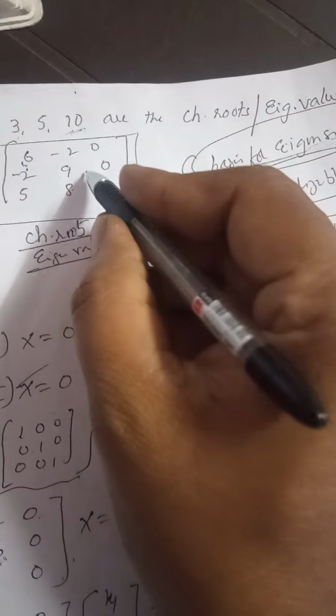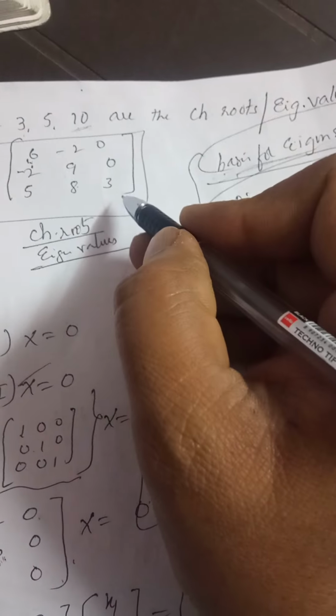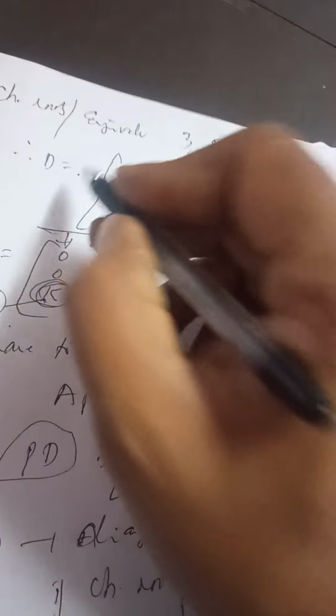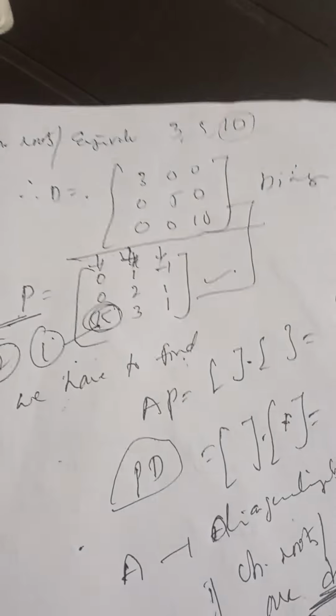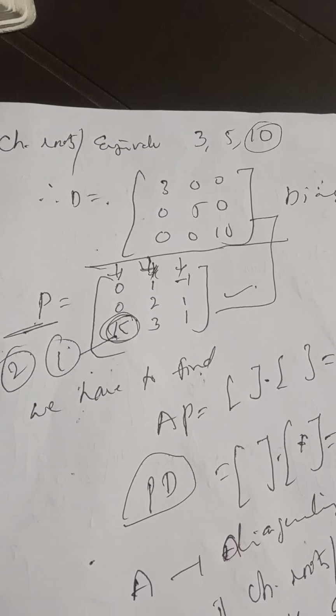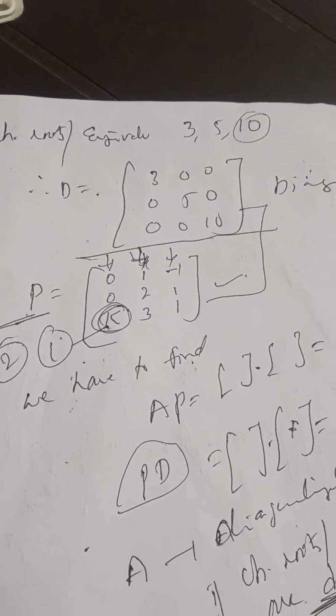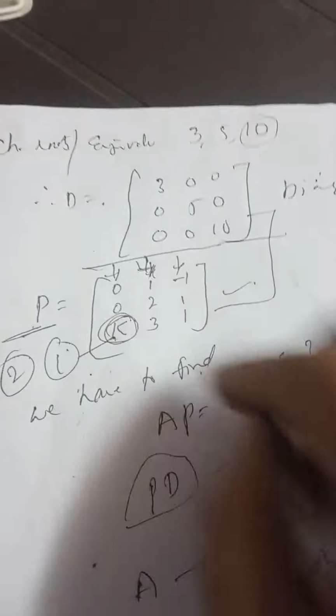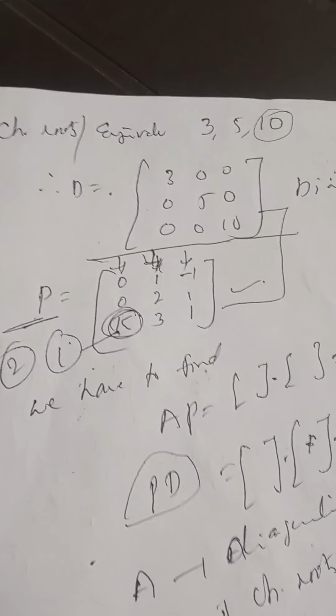For P and D, first of all we have to find characteristic values or eigenvalues. Those values you have to write in the principal diagonal elements, the rest of the elements are zeros, that is called D. Now to find P, the eigenvectors you have to write column wise, that is called P, right?